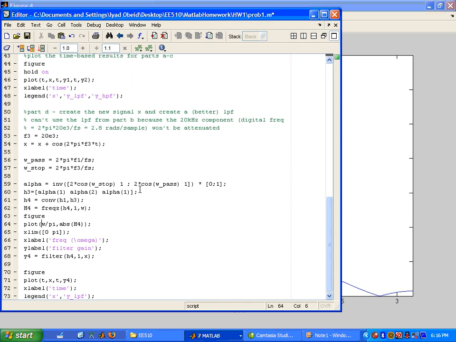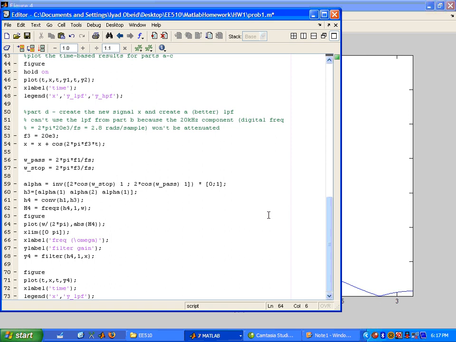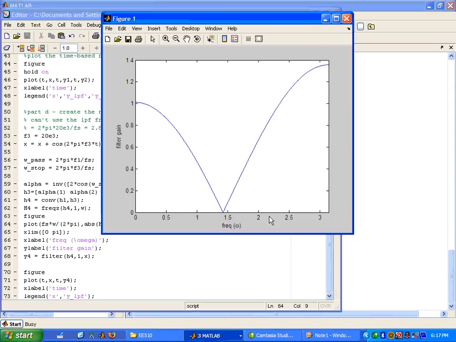So if I take omega, divide it by pi, and multiply it by half my sampling frequency. So let's do it like this, or rather we'll divide it by 2 pi and multiply it by the sampling frequency, which was, I think I have a variable for that. What do I call it? Fs. Alright, so Fs times. Alright, let's run it.